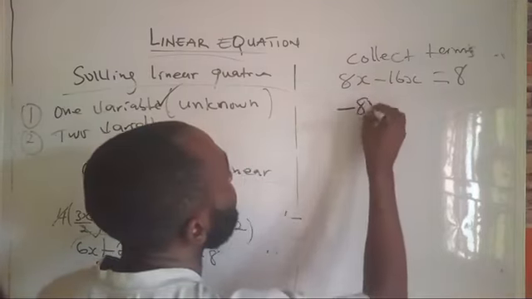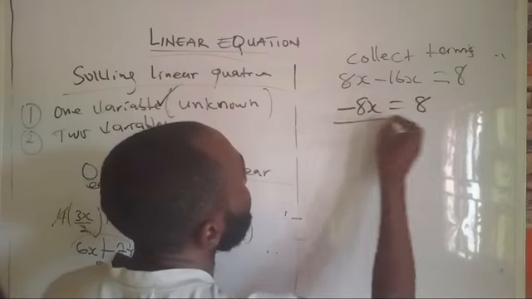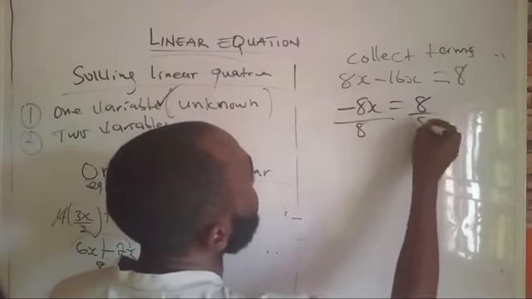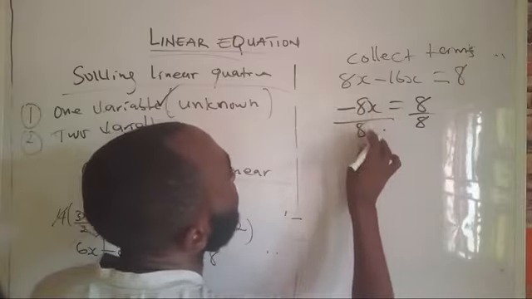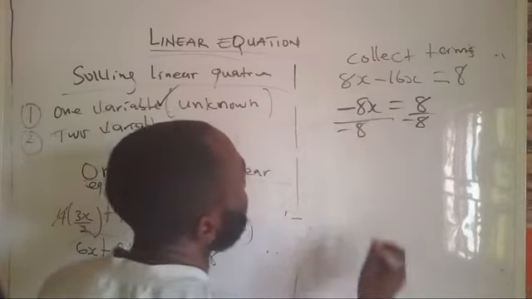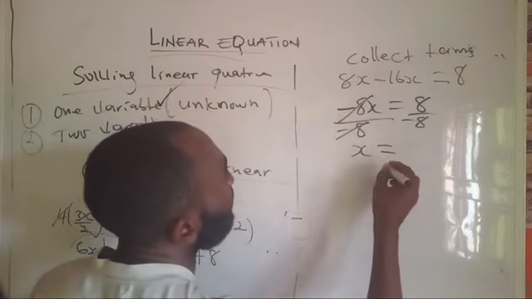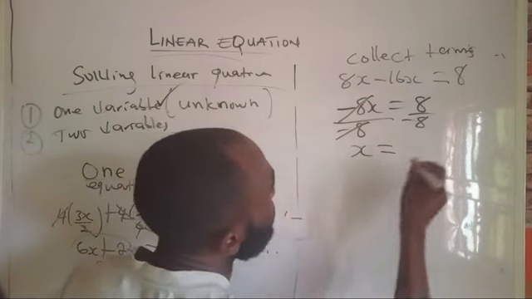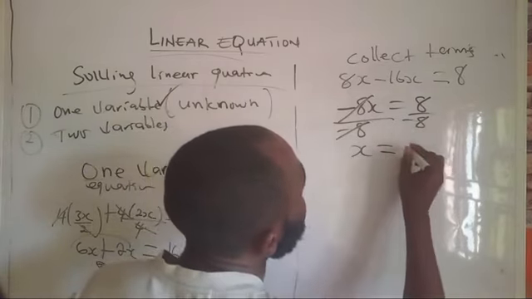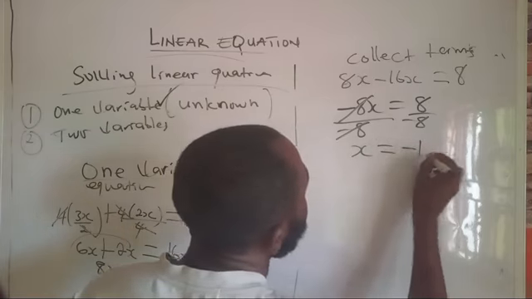So that is minus 8x is equal to 8. You divide both sides by minus 8, not just x. So minus 8 cancels 8, and x is equal to 8 divided by minus 8, that gives us minus 1.